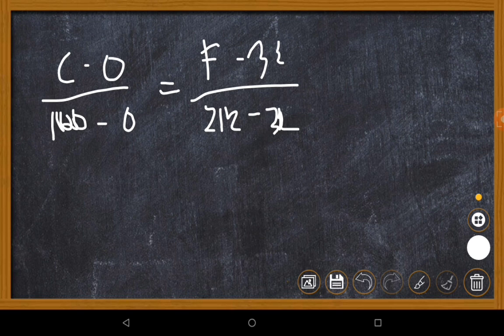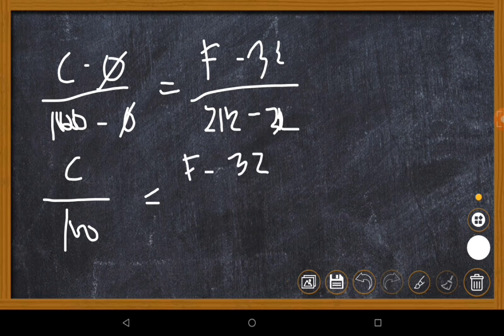Then we can cancel this one, so what's left is Celsius over 100 is equal to Fahrenheit minus 32, all over 212 minus 32, this will be 180 degrees. So, we can cross multiply this one.